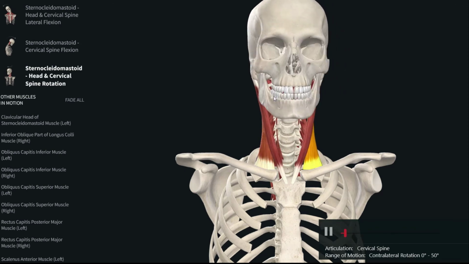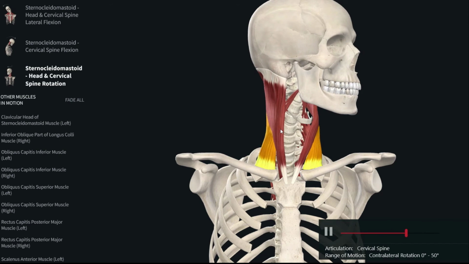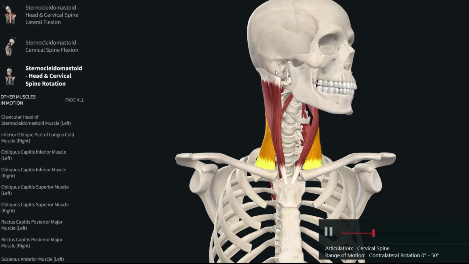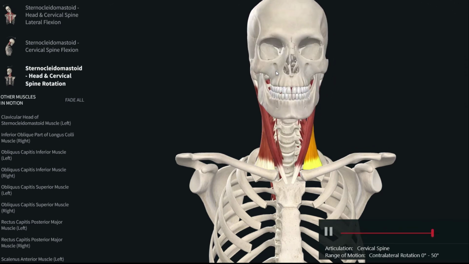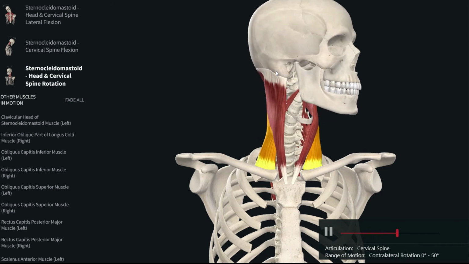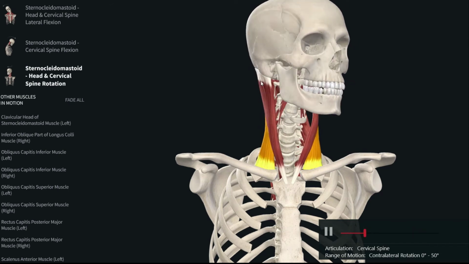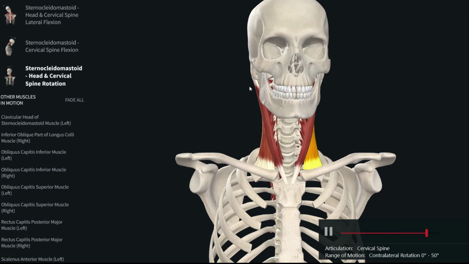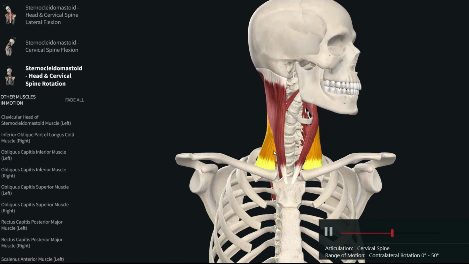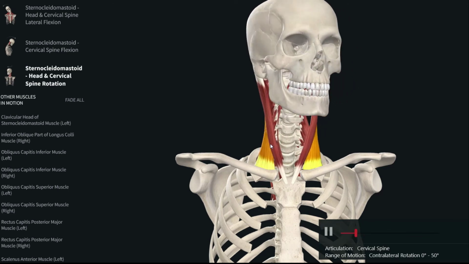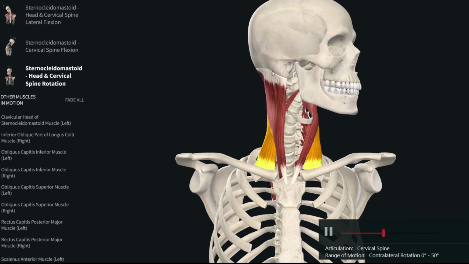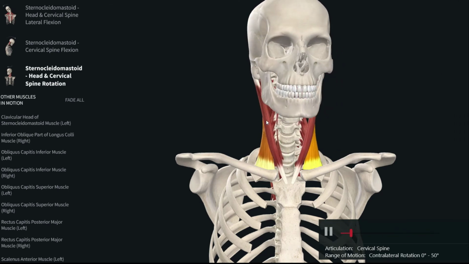Here, you can see that there is a rotation of the head and neck towards the left side, right? So it's the right-sided sternocleidomastoid, or rather its sternal head, which is pulling. See, it's pulling. It's pretty obvious. That's why it's moving to that side, right?